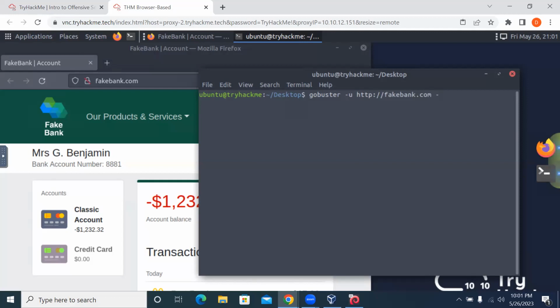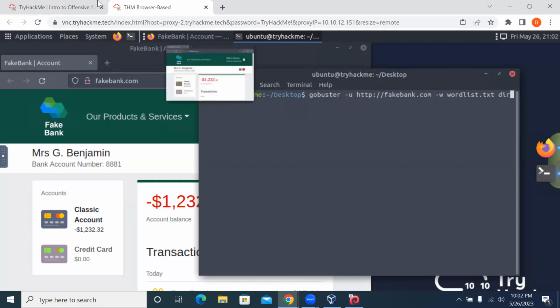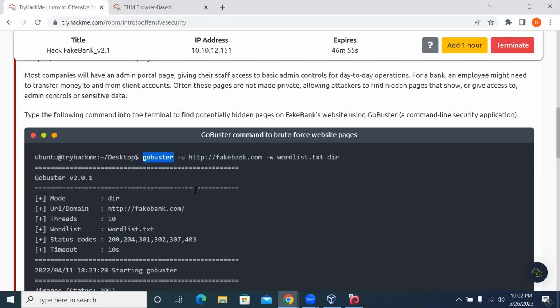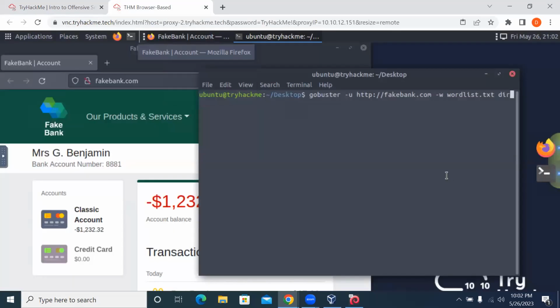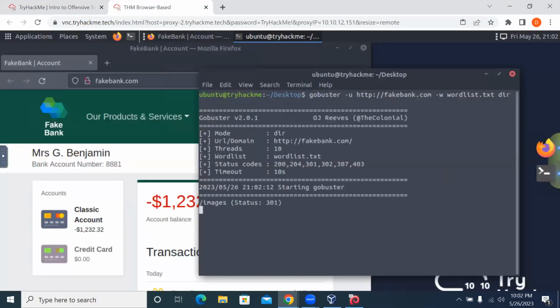So dash what? -w, wordlist.txt and dir, right? So when you do that, it will scan through the website and bring out that information, right? You see it is scanning. You can see the progress of the scan.